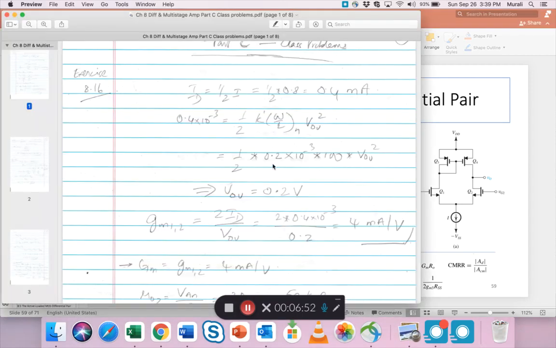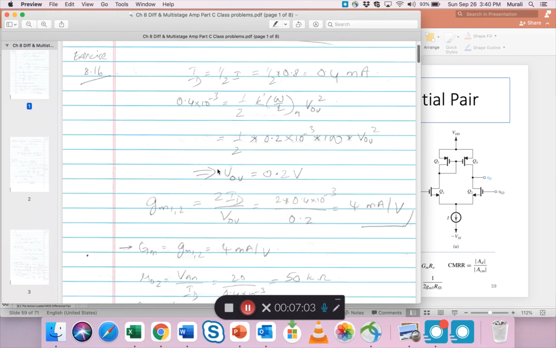So that's why I put 0.2, and that's milliamps, right? And then 100 is W/L and then V_OV squared. So from here, if you solve, you should get two values for V_OV because it's a square. But actually, you'll only get one value. It's not a quadratic equation, it's just a straight square root. So 0.04, and then the square root of that is 0.2, is what you should get.